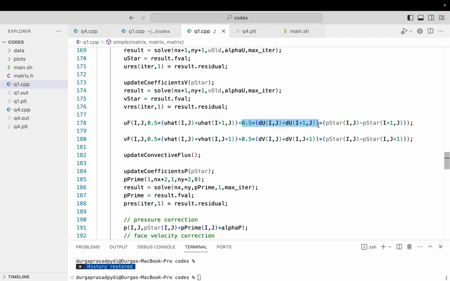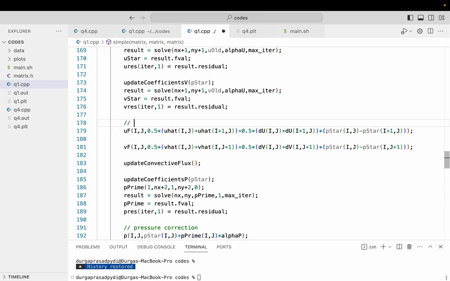dE, okay, maybe I will write the equation here so that you can recollect. So u east is interpolated as u hat P plus u hat E by 2, and then you also have some dE times your p_P minus p_E.